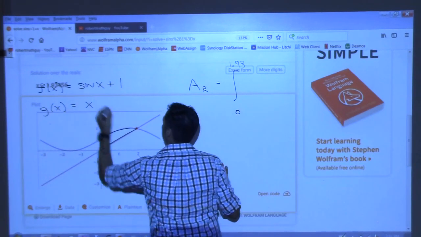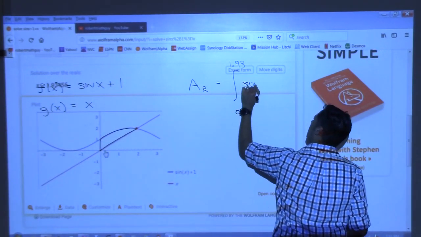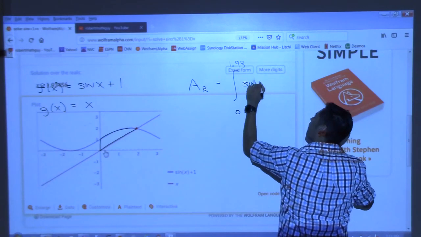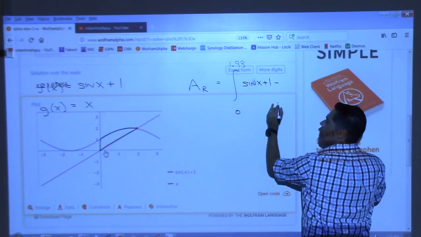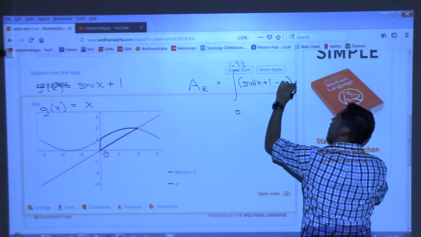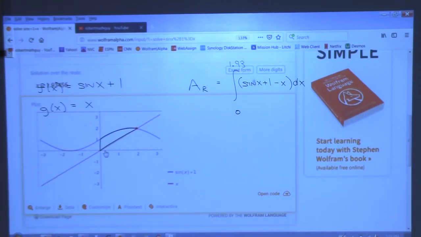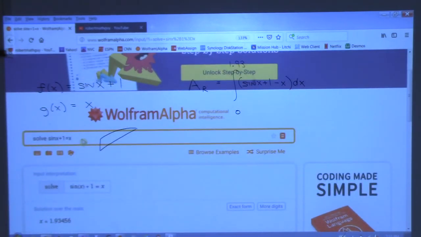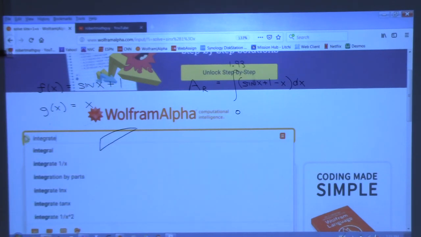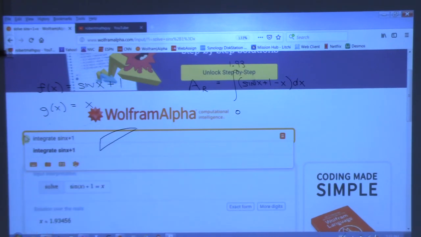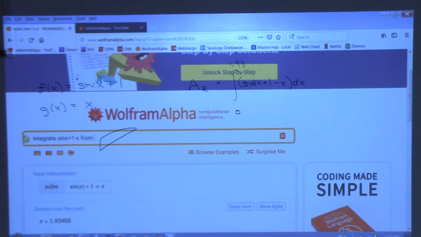The top function is sine x plus 1, minus x, dx. Do we agree? Okay, I'm going to have the computer do that for me also. So I'm going to integrate sine x plus 1 minus x from 0 to 1.93.